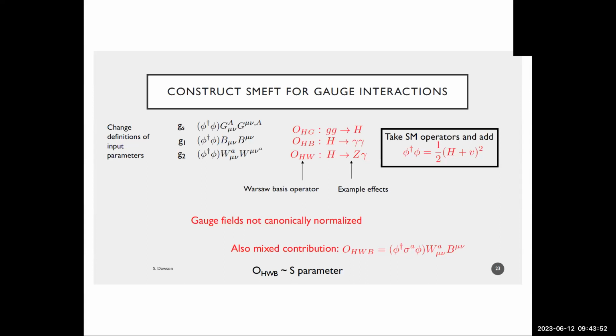So I've got to redefine all my fields to get all my gauge fields canonically normalized. And then you've got mixed contributions between the gauge fields that you didn't have before. It probably won't surprise anybody to know that since this is formulaic, there are computer codes where you can just turn the crank and get these interactions.